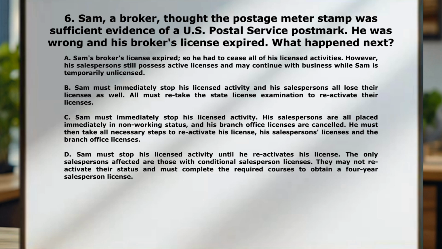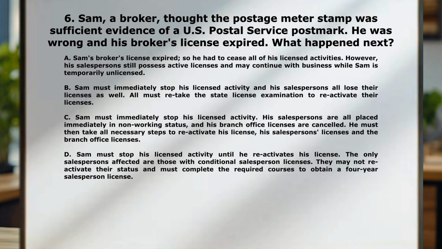All must retake the state license examination to reactivate their licenses. C, Sam must immediately stop his license activity. His salespersons are all placed immediately in non-working status, and his branch office licenses are canceled. He must take all necessary steps to reactivate his license, his salespersons' licenses, and the branch office licenses.